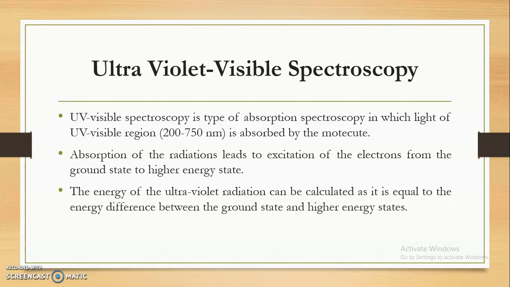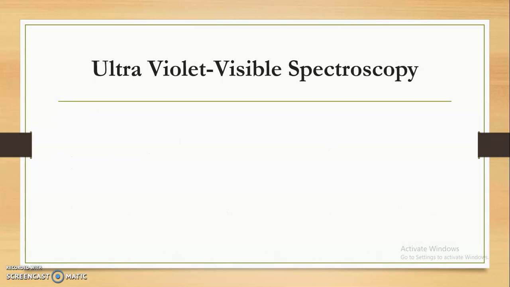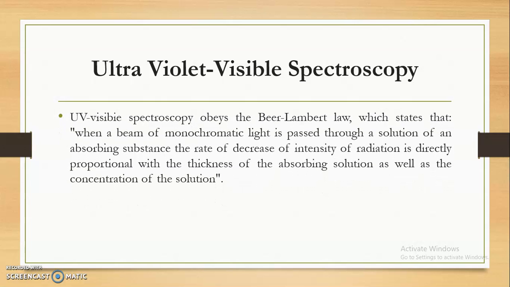All molecular spectroscopy is based upon this principle: after absorption of radiation, electrons in the ground state go to the higher state, where they are not stable, and they come back to the ground state, eliminating a certain amount of energy.